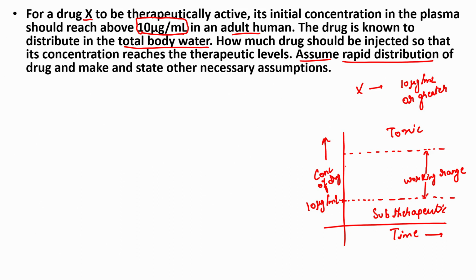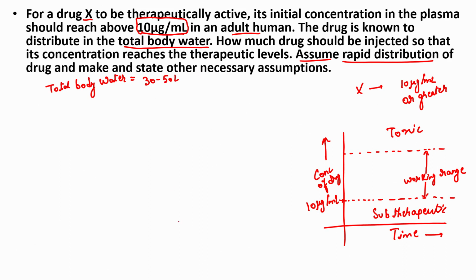So, from our discussion in the class, let us say for an adult human the total body water is about 30 to 50 liters. That is what we discussed, right.